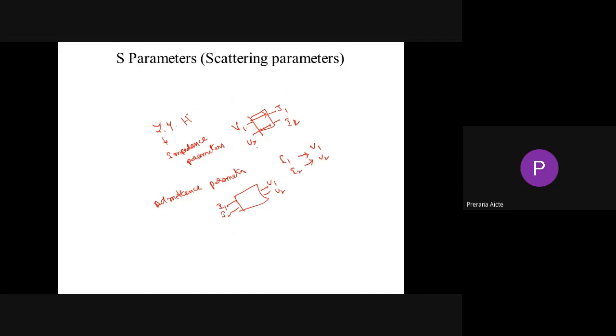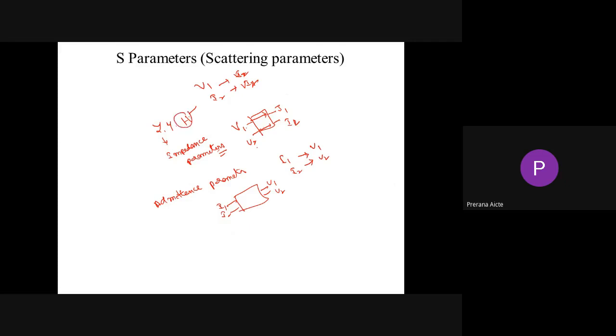In Z parameters, we can calculate only the impedances, that is input impedance and output impedance. And in Y parameters, we have to calculate only admittances, that is input admittance and output admittance. And H parameters represent V1 and I2 in terms of I1 and V2.